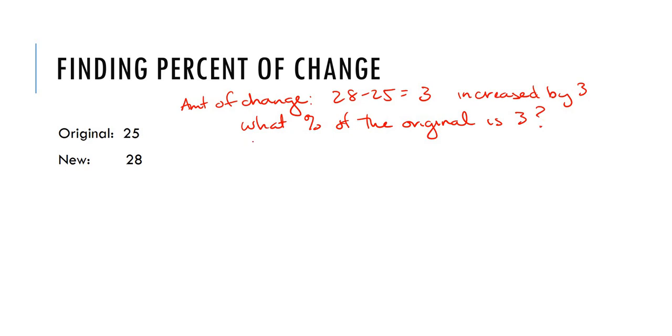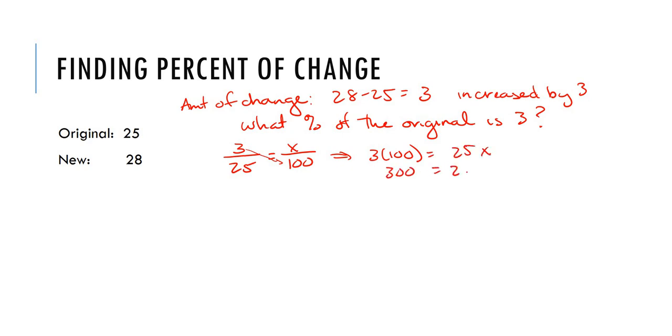Well, that's talking about 3 out of 25 is the same as x out of 100. We all know that percent is out of 100. So using what we did in our last section and rewriting this as a cross product, 3 times 100 equals 25x.